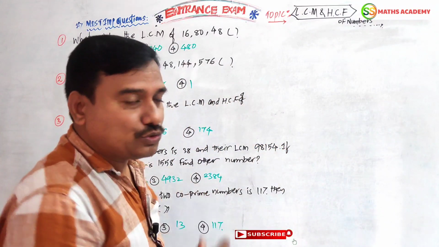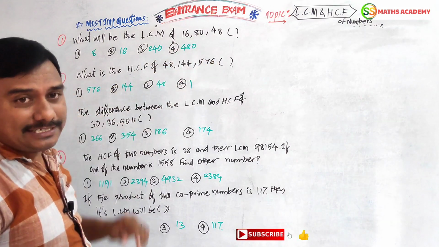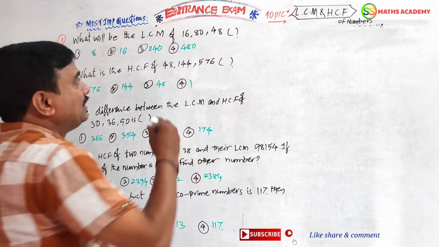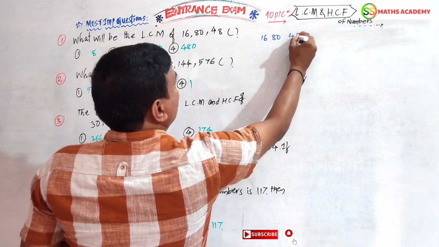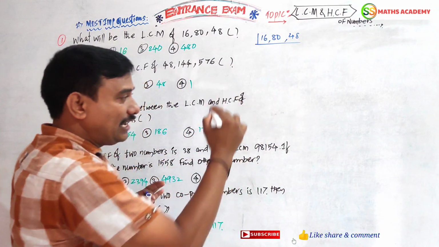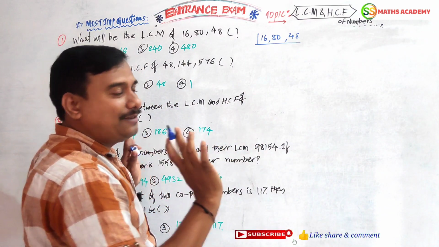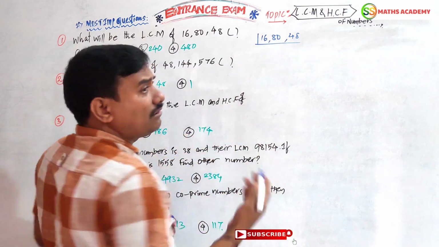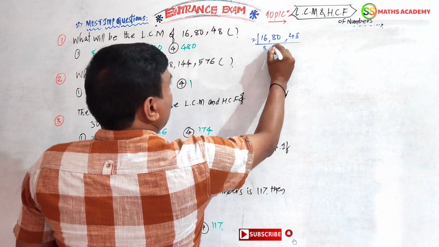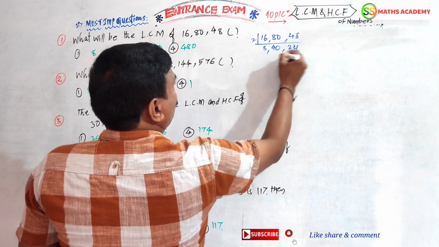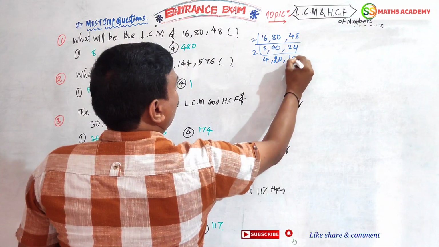Okay, now let us see the first question. What will be the LCM of 16, 80, 48? LCM is asked for 16, 80, 48. This is the long division method. All are even numbers, so we can start with 2. 2 eights are 16, 2 forties are 80, 2 twenty-fours are 48.